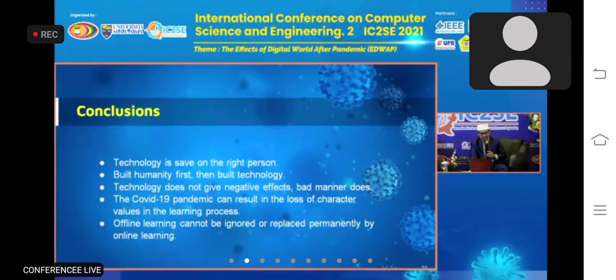However, technology will always deal with some people with bad character. So the focus of using technology is how to maintain security and prevent the learning process from actions that are not commendable. Thus, the online learning process needs to be maintained, combined with offline learning and appropriate materials and activities.